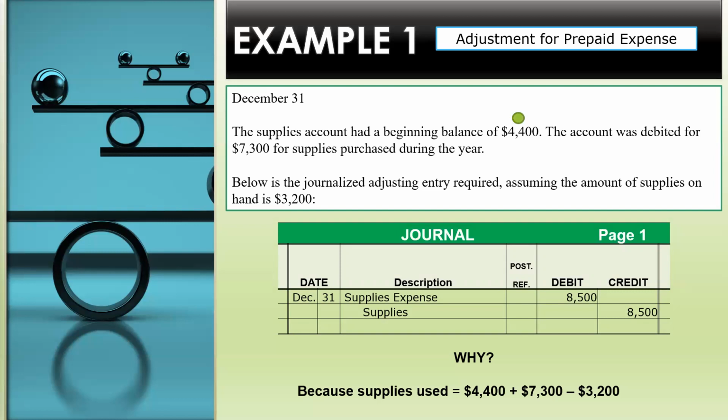And we can gather that by 4,400 plus 7,300 minus 3,200. The 3,200 is the supplies that are on hand at the end of the month here. So that's where we get the $8,500 for this journal entry.